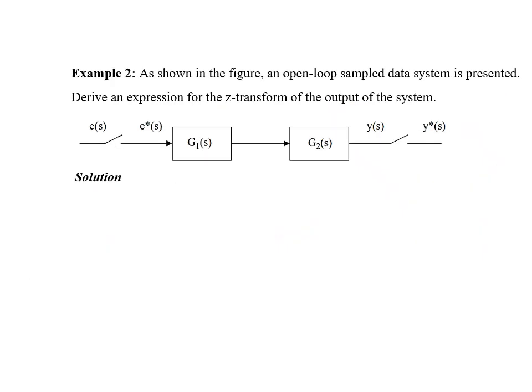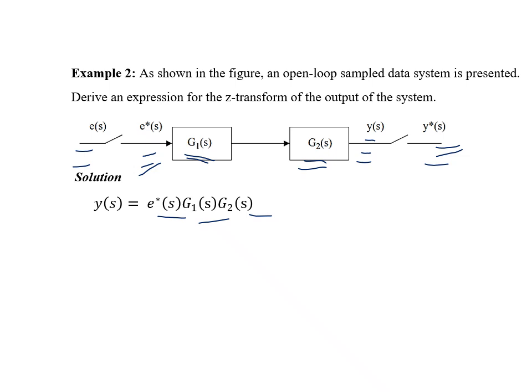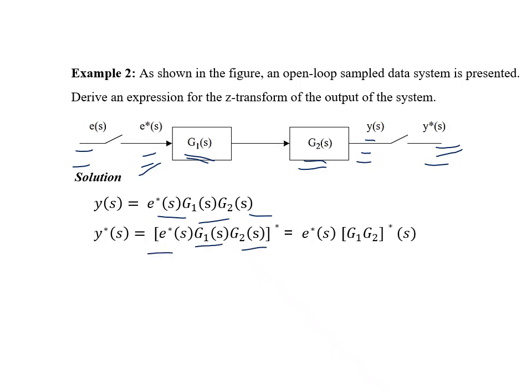Another example: we have E of S, then a sampler, E star of S, then a block diagram G1, G2, Y of S, then sampler Y star of S. We will get Y of S equals G1 G2 times E star of S. Then we get Y sampled: E star of S times G1 G2 all star.